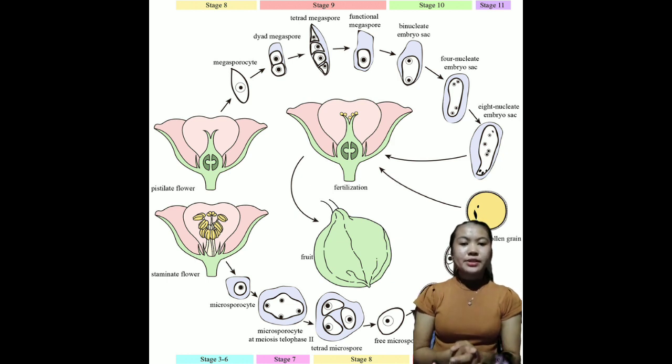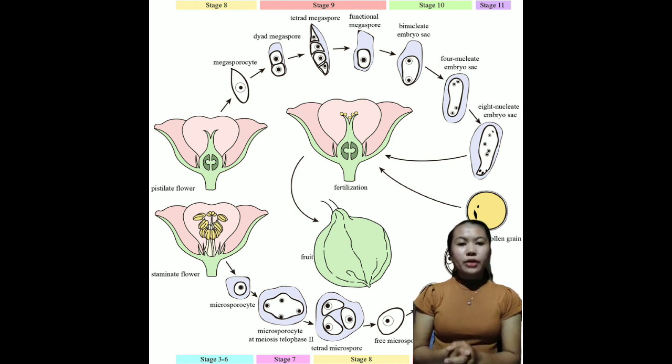In some others, the hypodermal archesporial cell divides obliquely, cutting off an outer parietal cell and an inner sporogenous cell. The parietal cell may either remain undivided or go through a few periclinal and anticlinal divisions so that the sporogenous cell becomes embedded in the nuclear tissue.